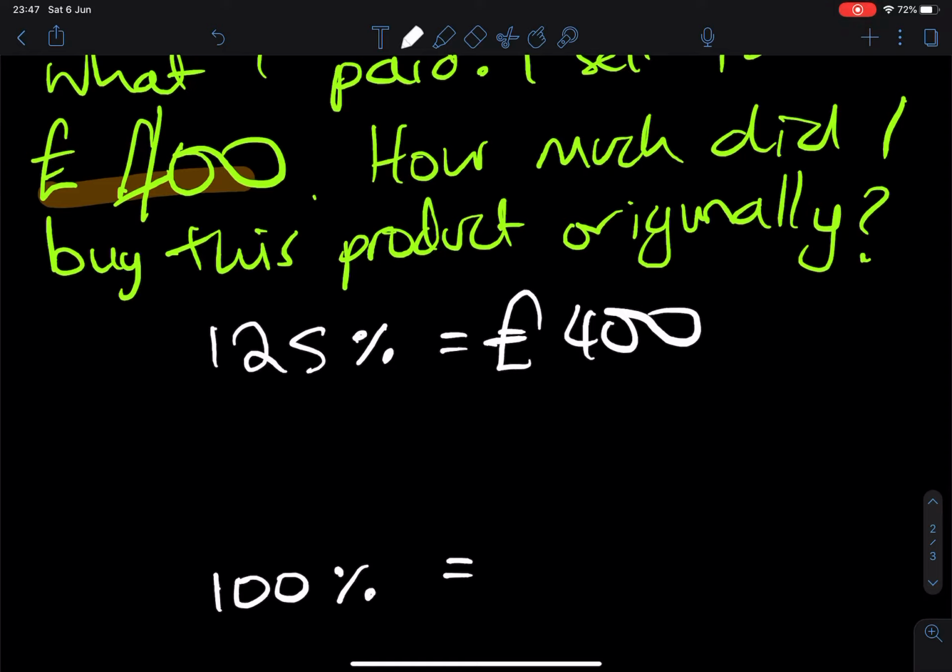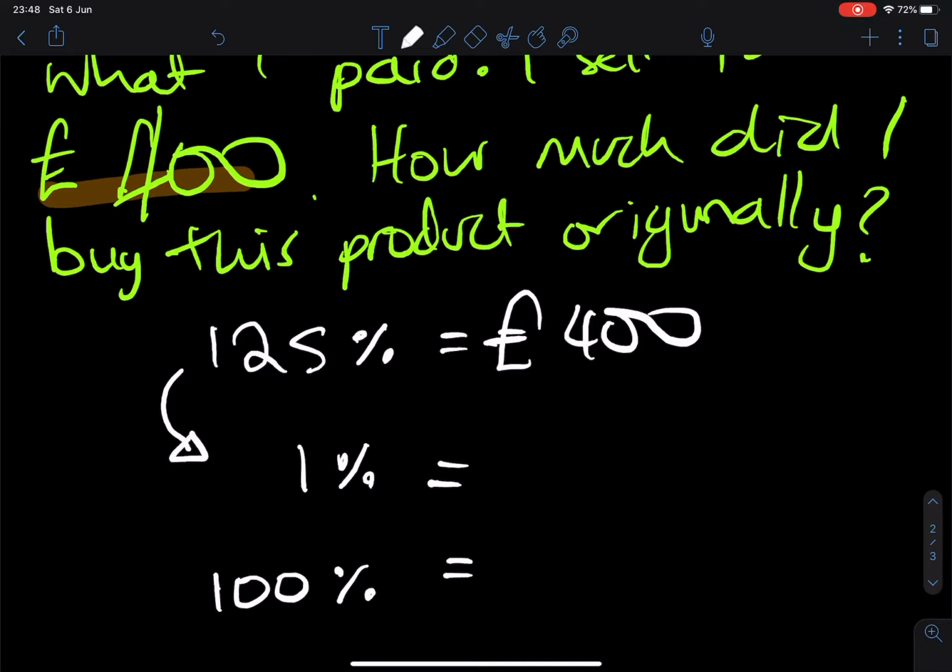Now, what I can do is try and work out how to jump to 100%. Now, let's use 1%. Just for argument's sake, let's say I don't know how to work out from 125% to 25%, then 100%. Let's say I don't know that. I'll try and work out 1%. How do I work out 1% again?